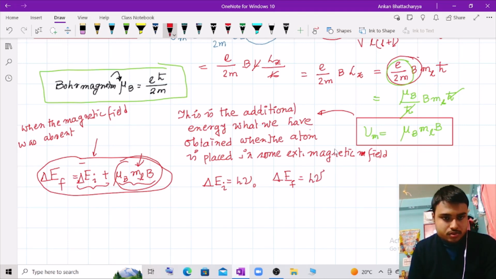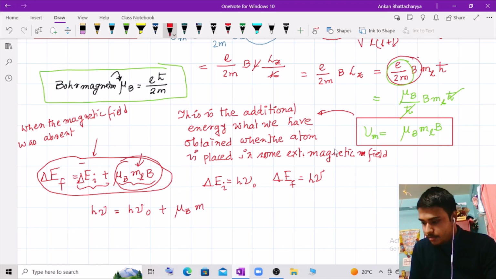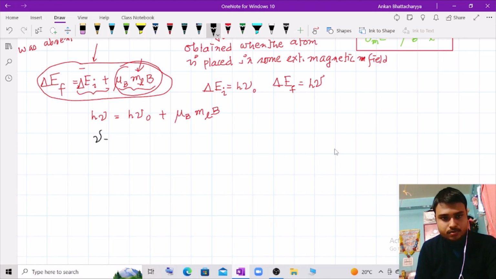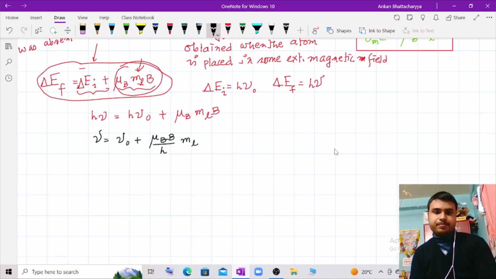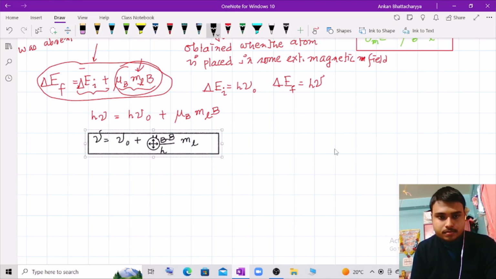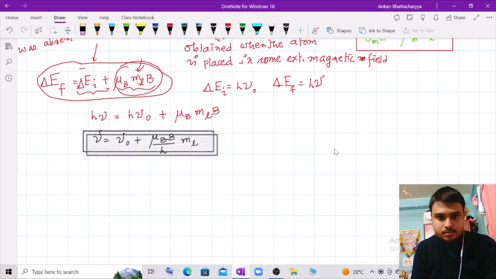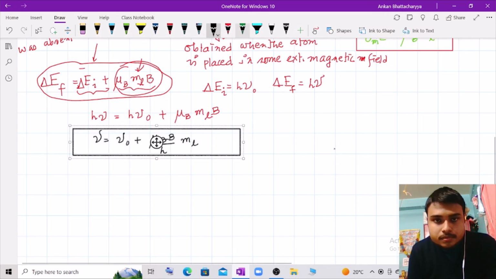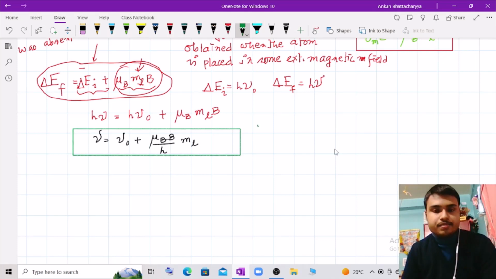So h nu will be obtained by h nu naught plus mu b ml B. So the new frequency now becomes nu is equal to nu naught plus mu b B upon h into ml. So this is the final expression.